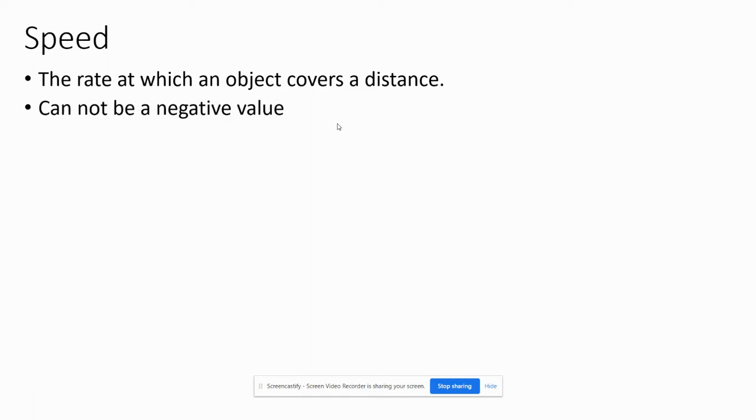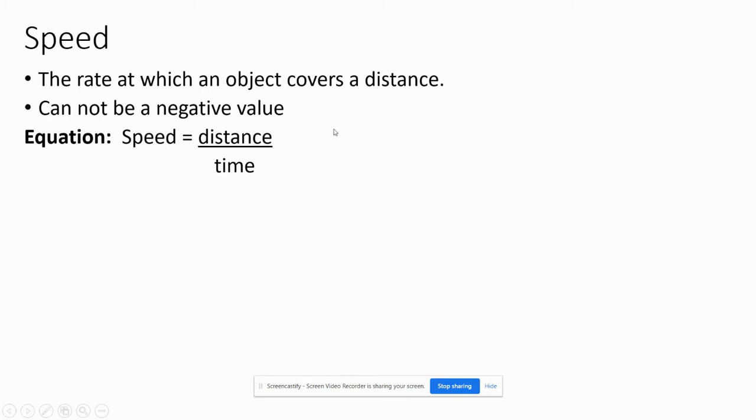And it cannot be negative because we're using distance, and distance can't be negative, so it doesn't matter if we change direction. Since distance is not negative, speed also will not be negative, because time, no matter what, will never be negative. Time always keeps going forward, right? So when we use time in an equation, it's always positive. And since distance is positive, speed will always be positive.